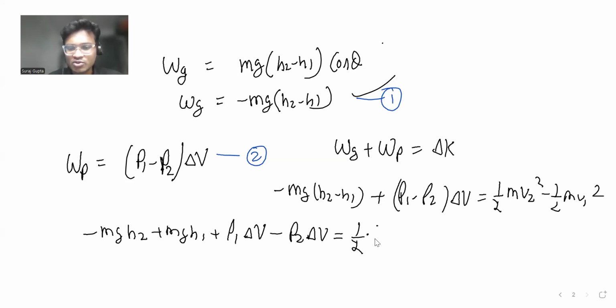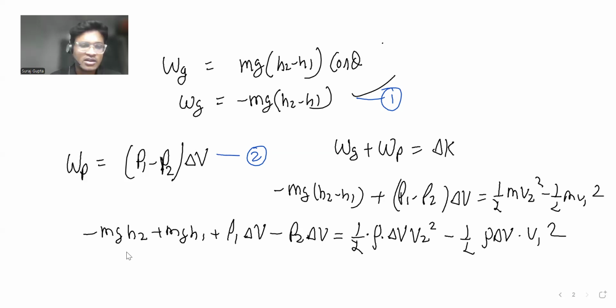So let's suppose we are considering only this liquid. Then m is going to be equal to rho times the volume we are considering, which is delta V, the change in volume. So 1/2 rho delta V v2 square minus 1/2 rho delta V v1 square. If you see very carefully, we have m on the other terms as well, so that is also rho times delta V, because it is the same liquid.